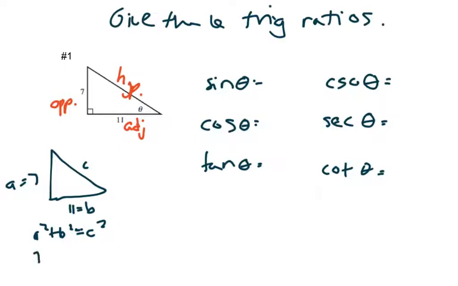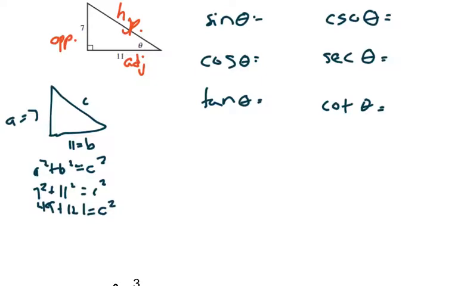So if a is 7, 7 squared plus 11 squared equals c squared, which is 49 plus 121. And so 49 plus 121 is 170, not the best number, and then we're going to square root that. So our C value is about 13.04.